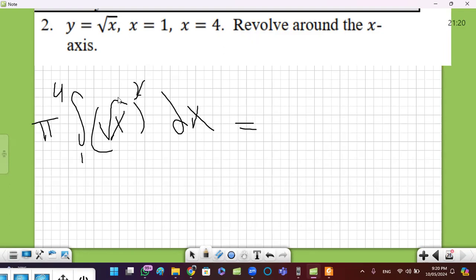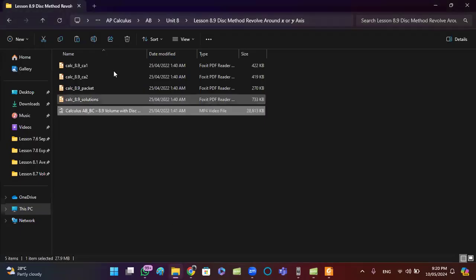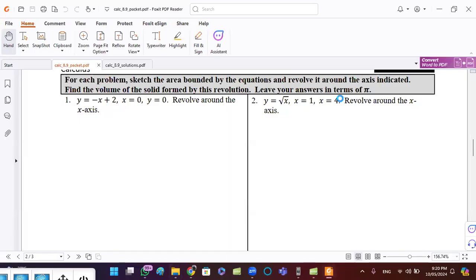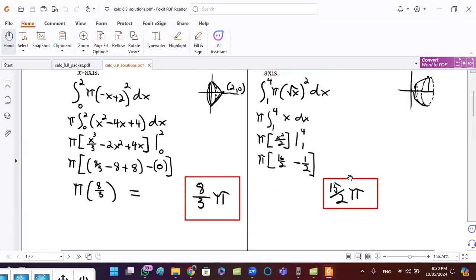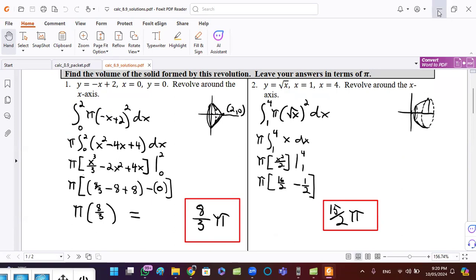Or I integrate this: it will be x power 2 over 2, from 1 to 4. It will be 16 over 2 minus a half, 15 over 2 pi. Let's see the answers. 16 minus half, 15.